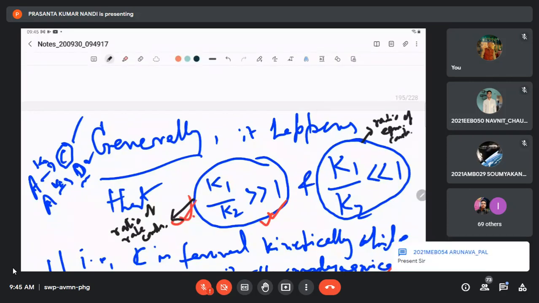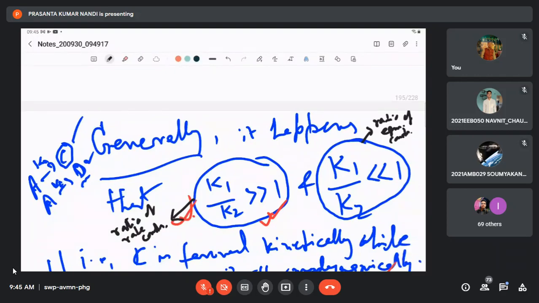What is the equilibrium constant? You remember, A to C and C to A, that is an equilibrium reaction, and capital K1 corresponds to its equilibrium constant. Similarly capital K2 corresponds to the equilibrium constant between the reactions A to D or D to A. So if small k1 is much greater than small k2, you can find that capital K1 is much, much less than capital K2. Normally it happens.